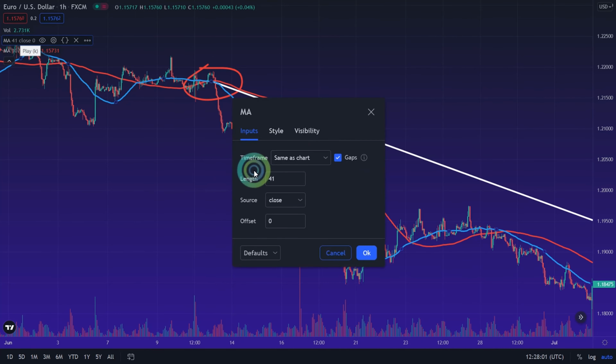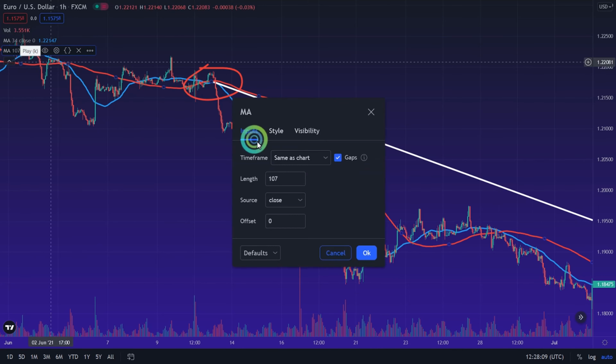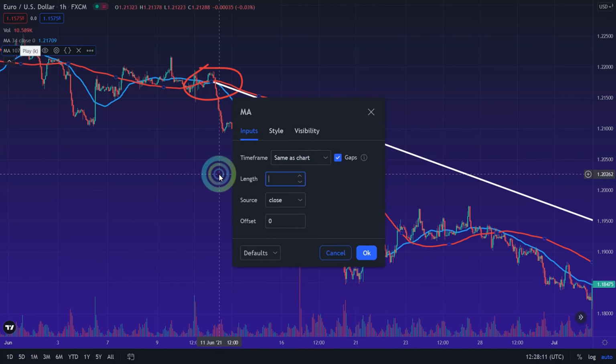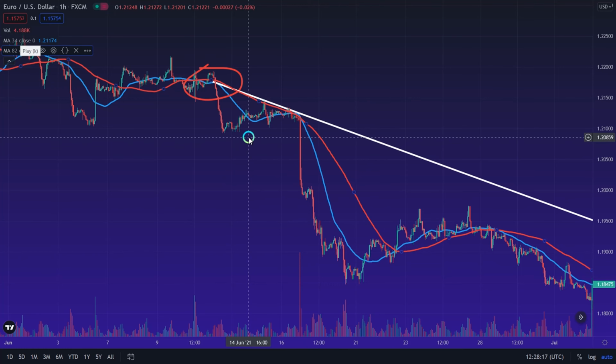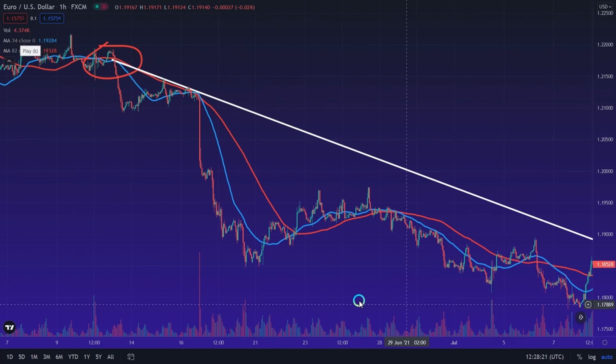I will check it one more time, because you just have to check all your trades a couple of times, so you won't make stupid mistakes that will blow your account. So yeah, this is a perfect trade for us. We can actually take it, and now let's see how it worked out.